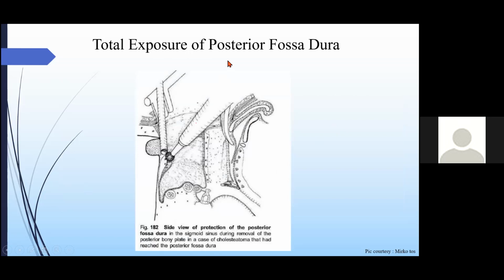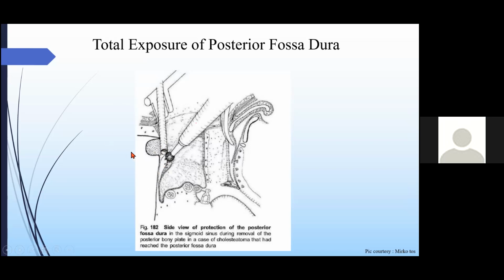Is there a need for total posterior fossa exposure, complete exposure? Posterior fossa dura, it's usually not required, but in cases like extensive cholesteatoma, which is causing erosion or damage to the dural plate, the posterior fossa dura plate, in those cases sometimes we have to drill or remove the complete fossa plate, because the edges of the erosion can have some remnant cholesteatoma matrix.